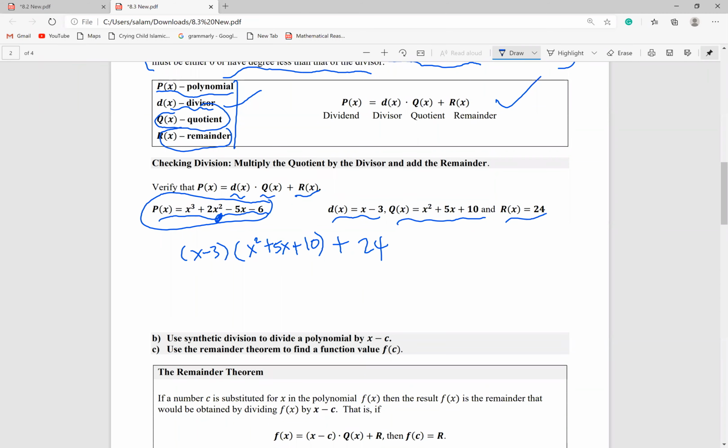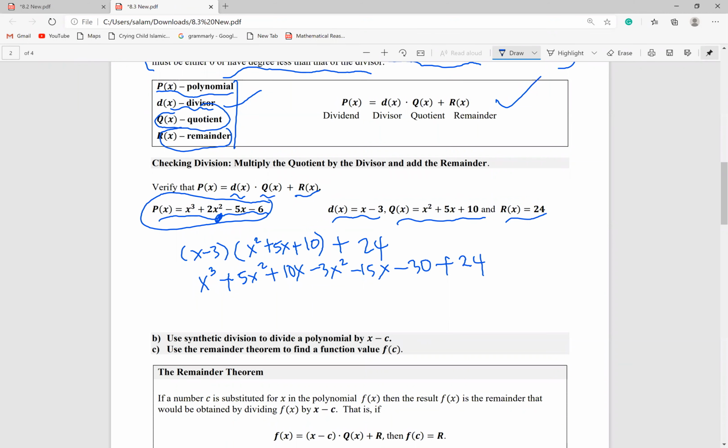So we can try to expand this. x times x squared will be x cubed. x times 5x will give us plus 5x squared. Then x times 10 will give us plus 10x. Negative 3 times x squared will give us negative 3x squared. Negative 3 times 5x will give us negative 15x. Negative 3 times 10 will give us negative 30. And then we bring down the plus 204.